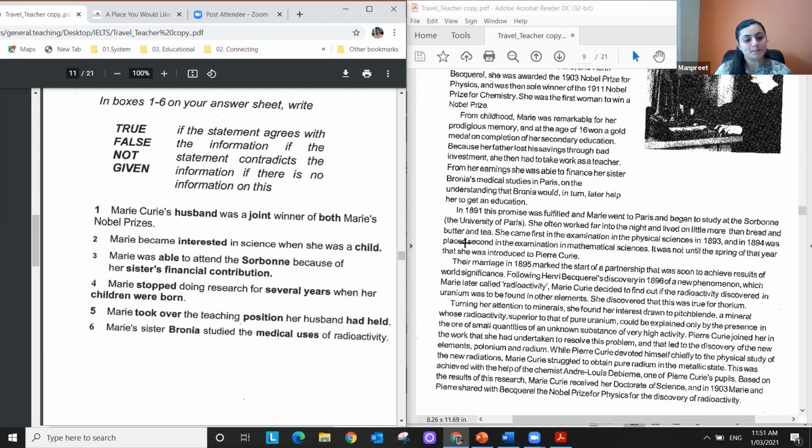Read the statement, understand it, translate it into your own words, find the keywords, look for those keywords in the passage, and then match the information. If it matches 100%, the answer is true. If it contradicts, the answer is false. And if the main part of the sentence is missing from the passage, the answer would be not given.